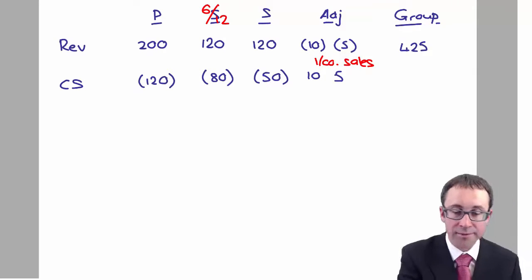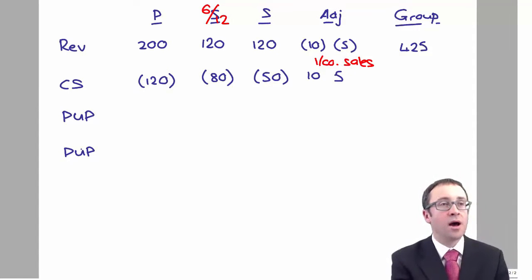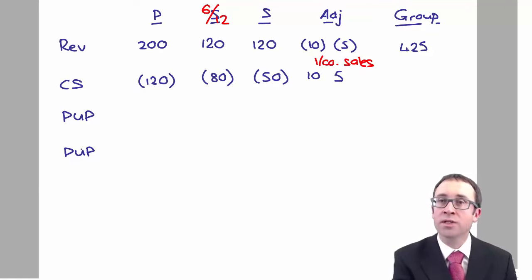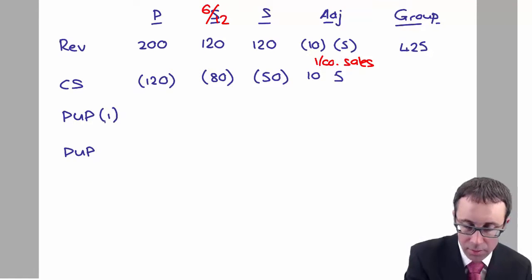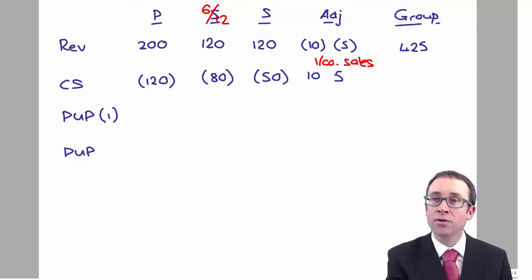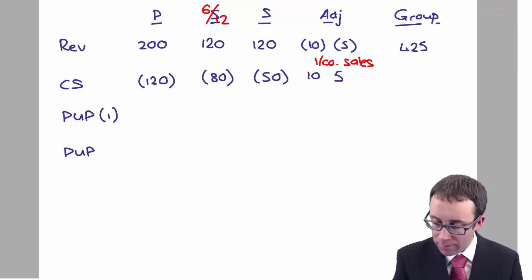And 5, okay. Just be careful, there are also some PUP adjustments that we need to incorporate. One of the PUP adjustments was whereby the parent sold the goods. So the parent sold the goods at 10 million, 25% markup, and all of them are in inventory.